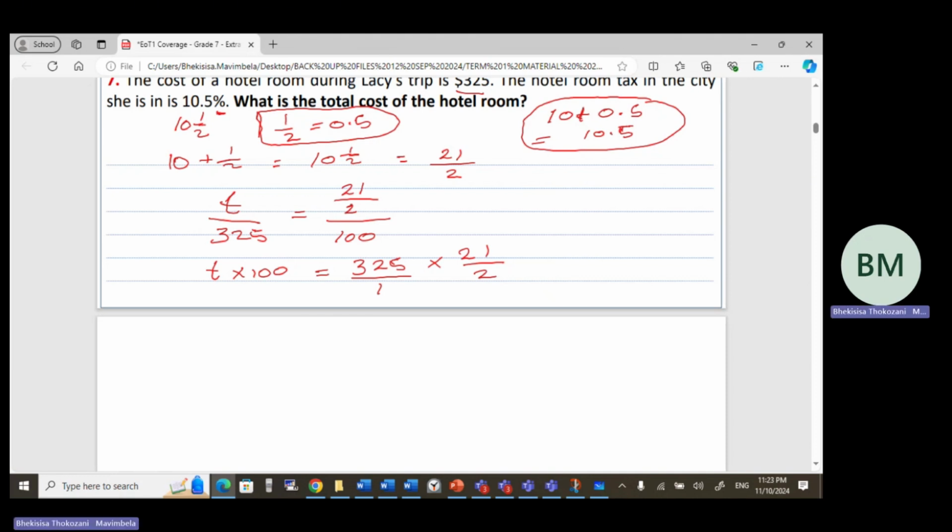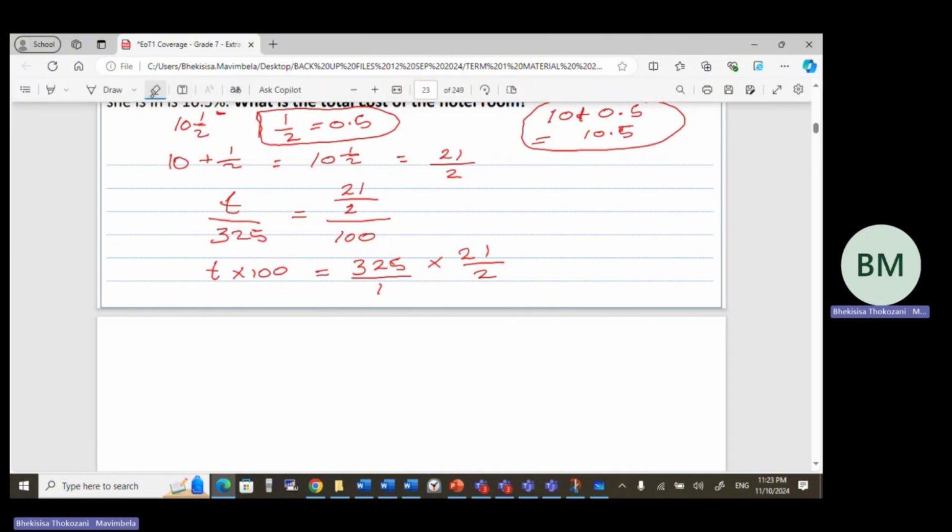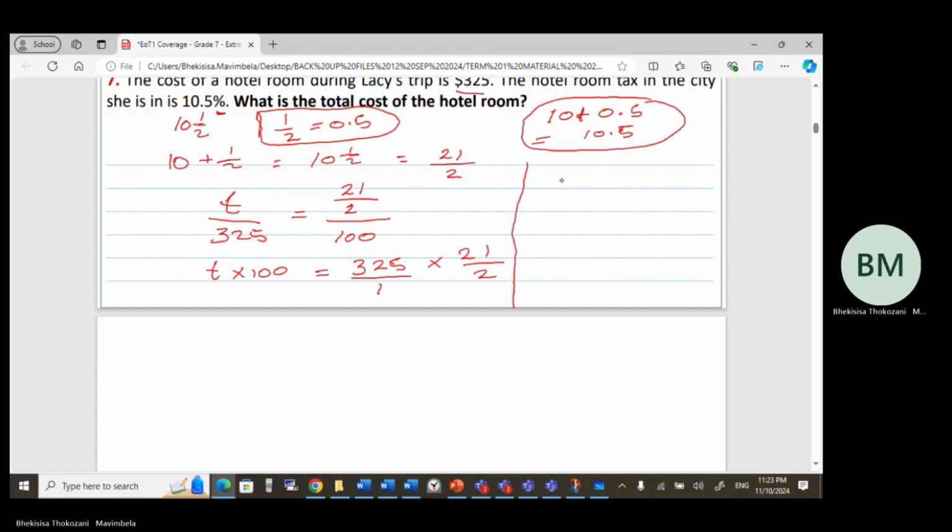Let's see if we can simplify this one here. These numbers cannot be simplified, because it's not 5. So you just want to expand. Let's go to our notes and try to expand. If you cannot simplify, you can just expand. So we have 300. Let's start with 300 plus 20 plus 5. Okay?